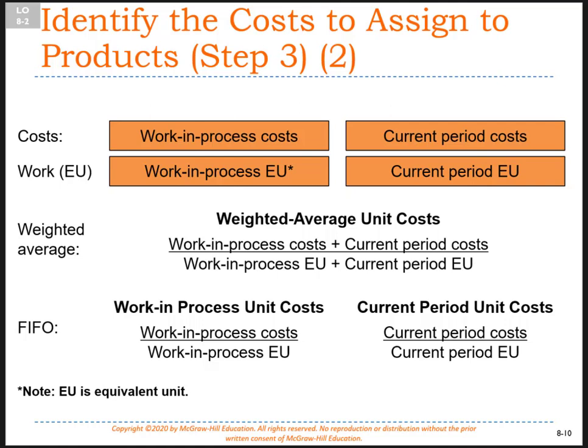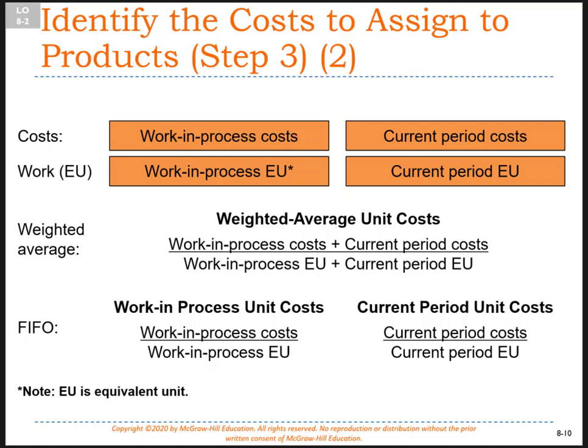Now, this is where we run into a difference between the weighted average and the FIFO method. So the weighted average, which we'll look at first, is going to take our work in process cost plus the current period cost and divide it by the work in process equivalent units plus the current period equivalent units.